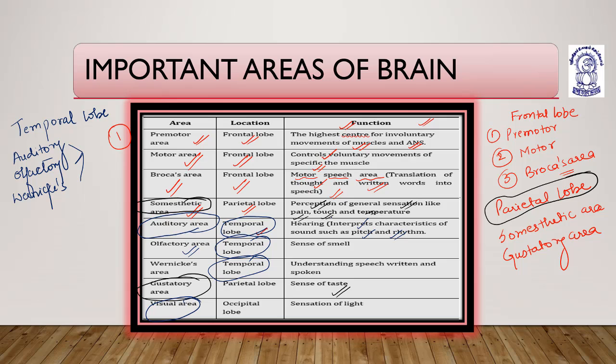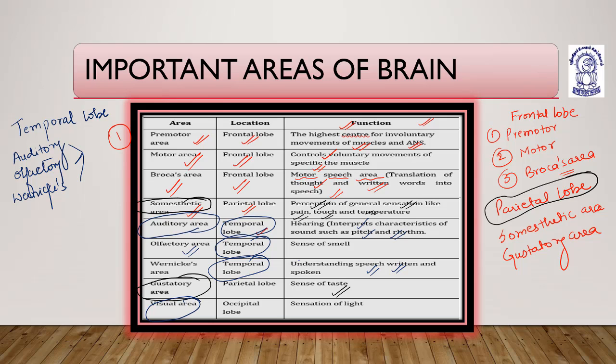Wernicke's area is responsible for understanding speech, written and spoken. So these are the functions of Wernicke's area, auditory area, and olfactory area, which are located in the temporal lobe.